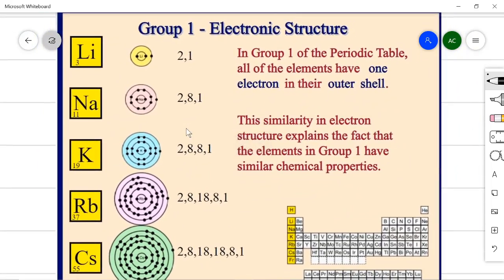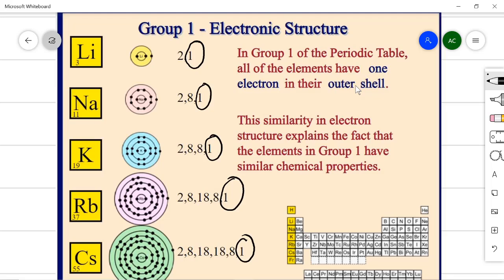The members are lithium, sodium, potassium, rubidium, and cesium, and the configurations are 2,1; 2,8,1; 2,8,8,1; 2,8,18,8,1; and so on. What is the similarity? The similarity is that in the last shell, the valence shell, you have a similar number of electrons, that is 1.